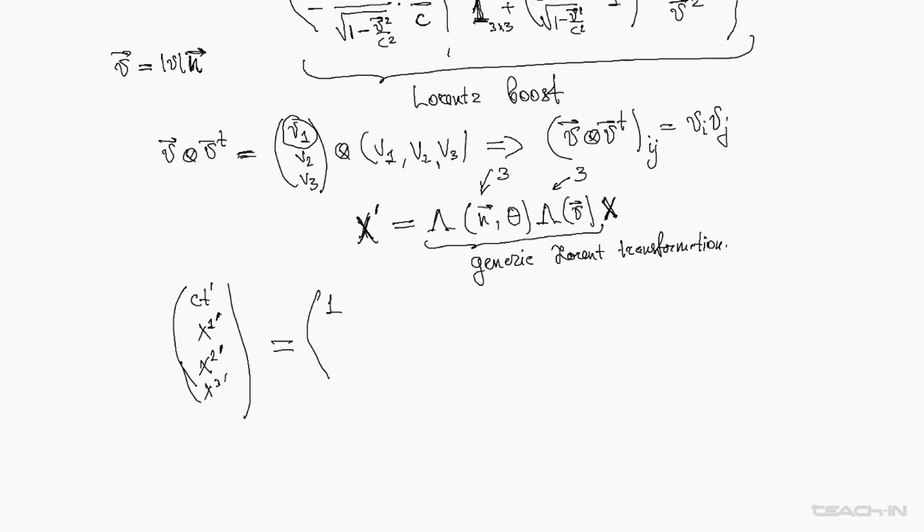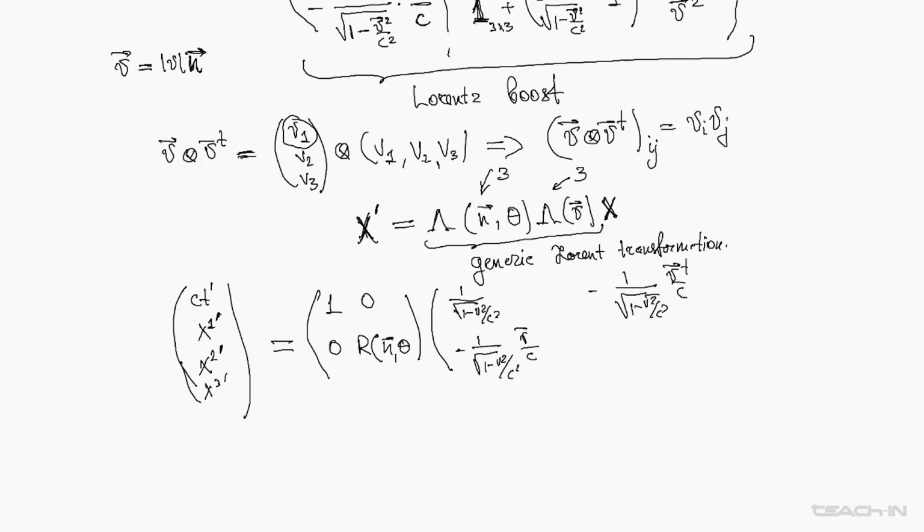And then there is a matrix of Lorentz boost: square root of 1 minus v squared over c squared, minus 1 over square root of 1 minus v squared over c squared, v over c, here minus 1 divided by square root of 1 minus v squared over c squared, v transpose over c, and finally the identity plus the term with square root, minus 1, v v transpose divided by v squared. And these 4x4 matrices are applied to ct, x1, x2, x3.